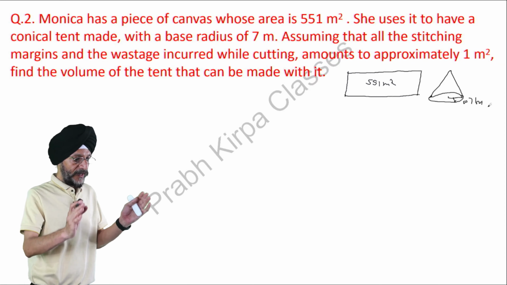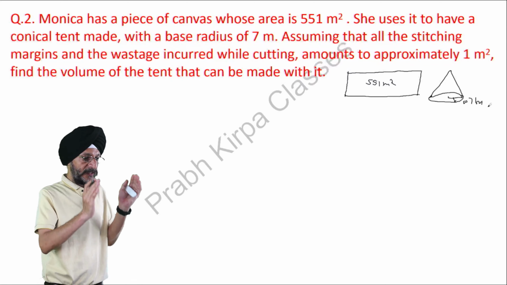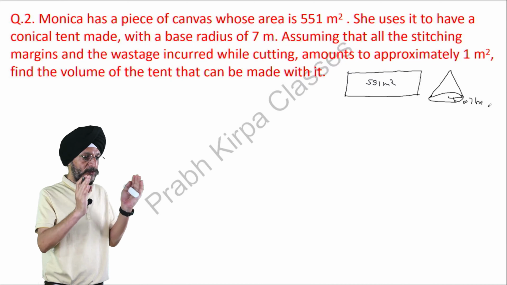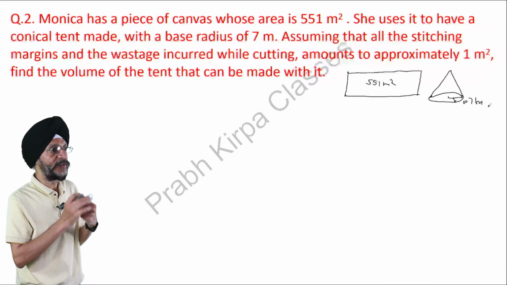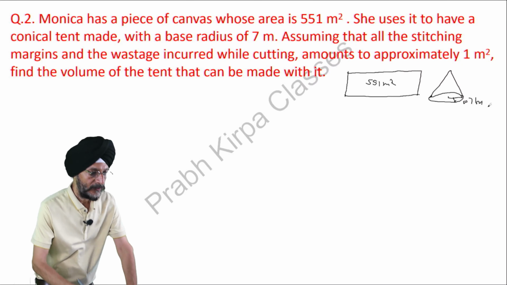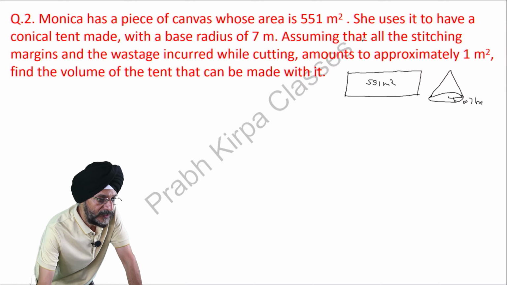So when we are using a piece of canvas for making the conical tent, some of the canvas will be wasted towards stitching or wastage of the canvas. Here the wastage or the stitching margins have been given as 1 square meter.